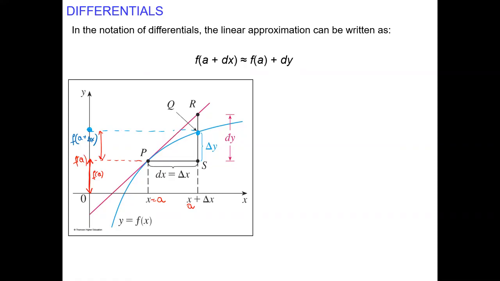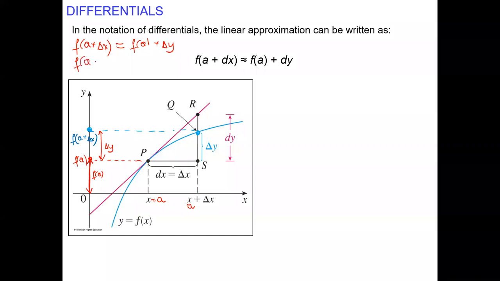And this distance theoretically is delta y. That means I can write f of a plus delta x equals f of a, first I have to reach this, plus delta y.